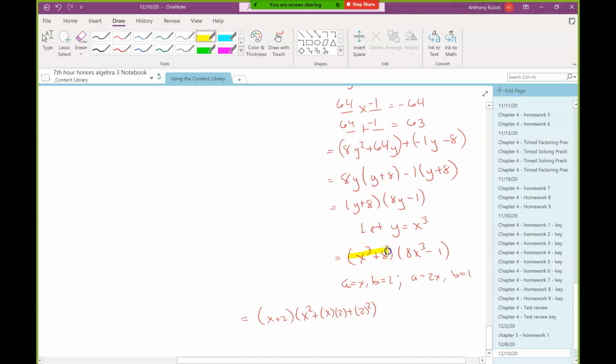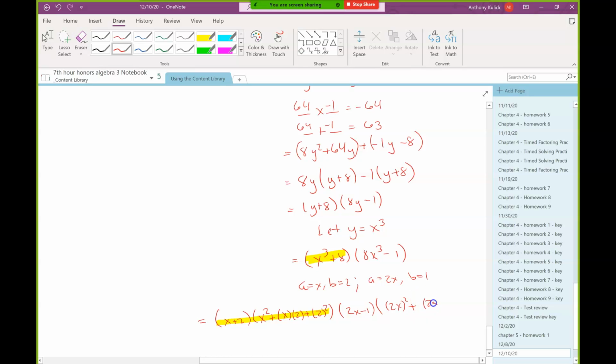That's the sum of 2 cubes factoring pattern. And the second factor becomes 2x minus 1 times 2x squared plus 2x times 1 plus 1 squared. That's using our difference of 2 cubes factoring pattern.